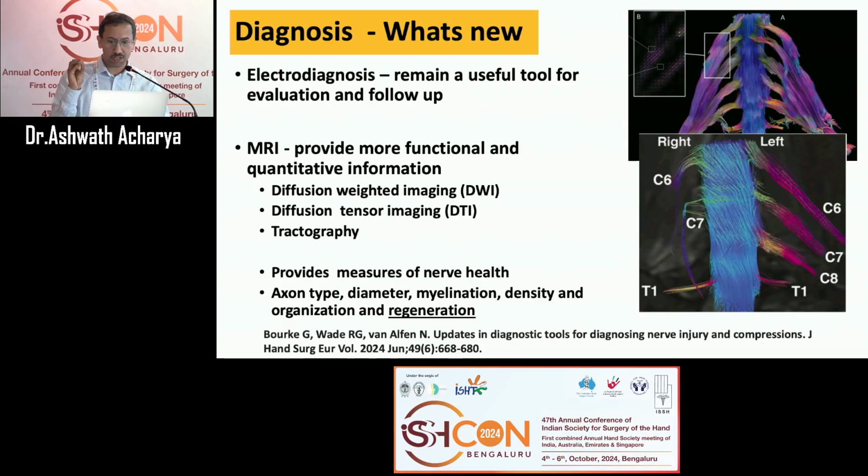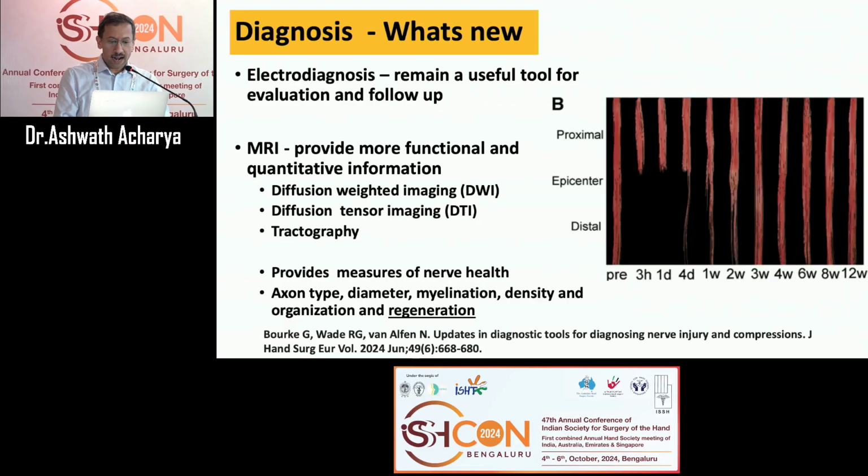That kind of imaging has now slowly come up, and you can beautifully demonstrate the avulsion and so on. Even the regeneration, the growth of the axon, has been shown in MRI images, but these are higher generation ones, so more will come up in the coming few years.